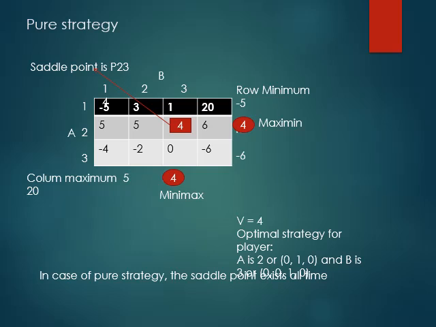Now we will start with the row minimum, to select the minimum value in each row. Row number 1, the minimum value is negative 5. Of course, negative 5 is less than 3, less than 1, and less than 20.